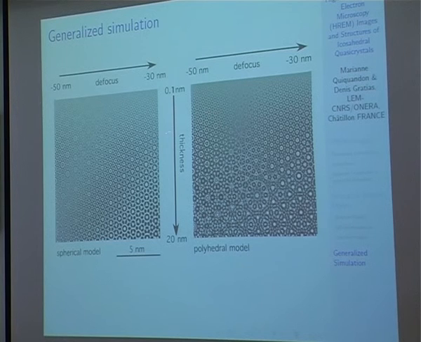You can see again that we don't see the short distances that are present in the spherical model, because remember that the simulation is performed with a projected structure, a projected potential. Moreover, we have a limited resolution of the microscope.